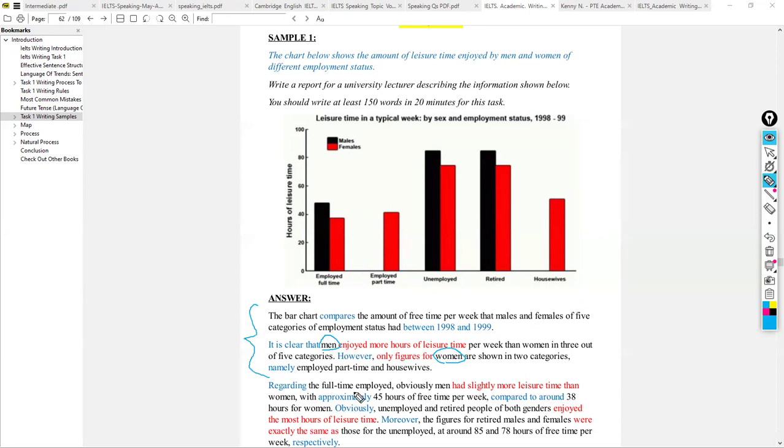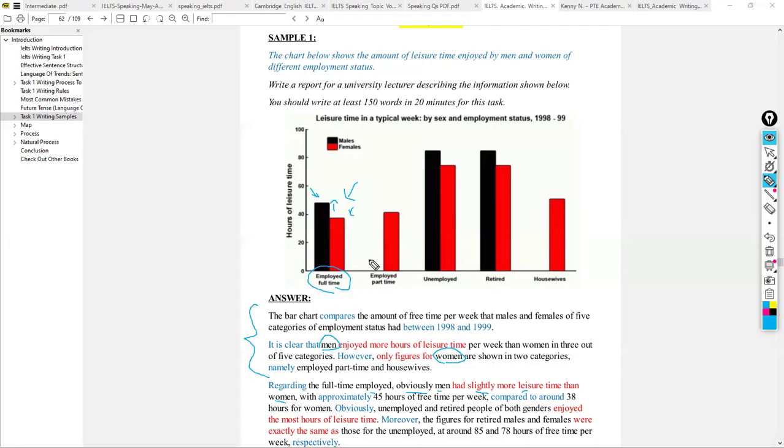Now, regarding the full-time employment, now I'm talking about this category. Obviously, clearly, men had slightly more leisure time than women. So we said that the black color is for men and the red color is for women.